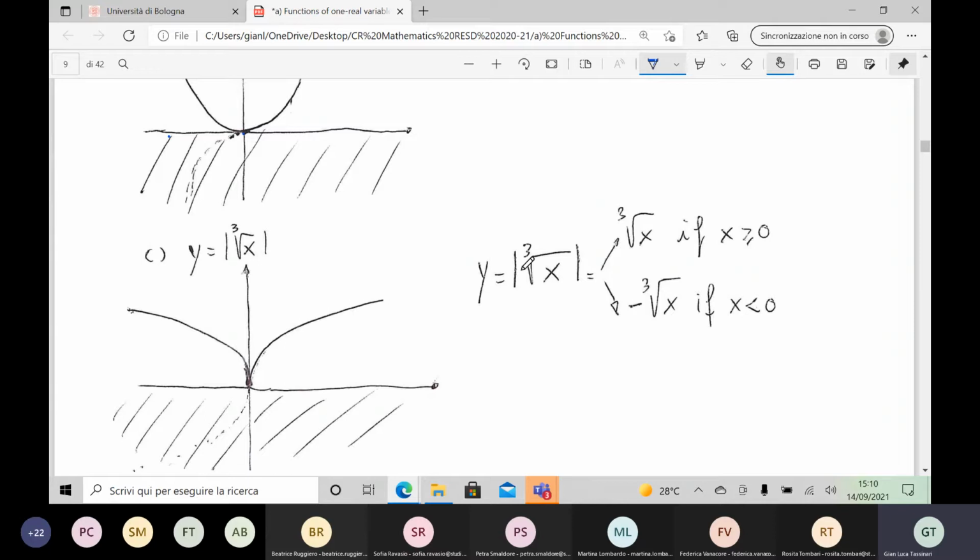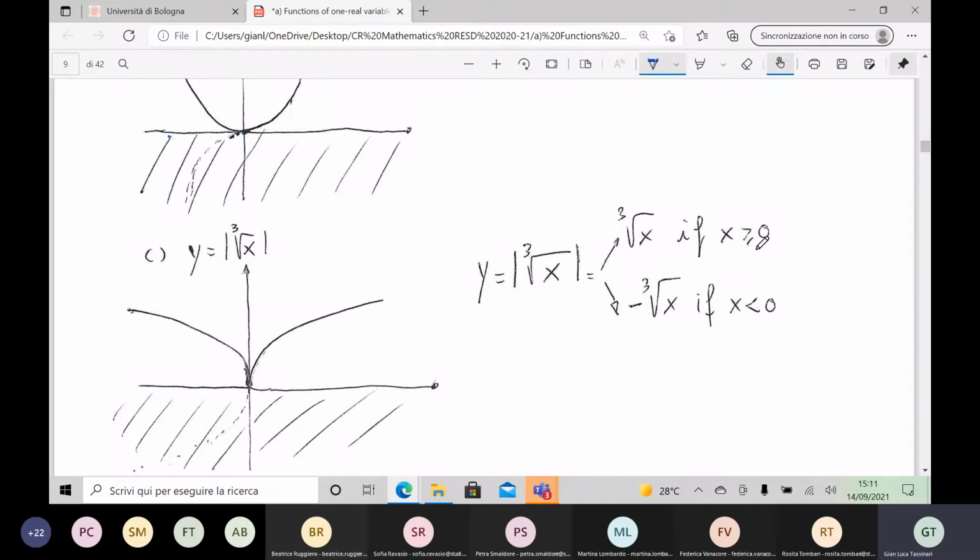So absolute value of cubic root of x. So the absolute value gives you cubic root of x whenever cubic root of x is positive. We have already seen that cubic root of x is positive if the radicand is positive, and is 0 if the radicand is 0. So this term is greater or equal than 0 whenever x is greater or equal than 0.